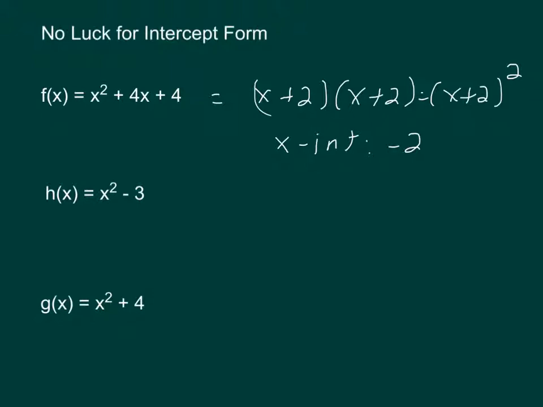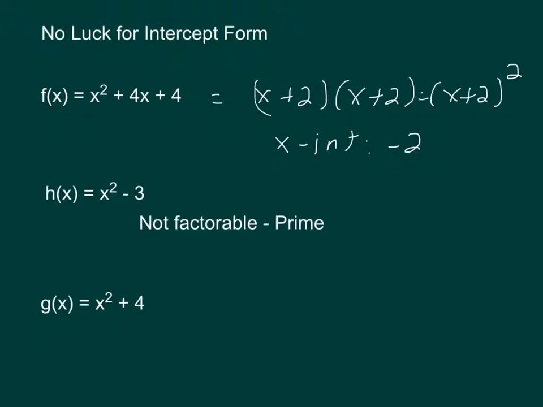In the second example, x squared minus 3, it's not factorable. It's what we'd call prime, so I can't put it into intercept form. It doesn't mean that I couldn't find the intercepts another way.